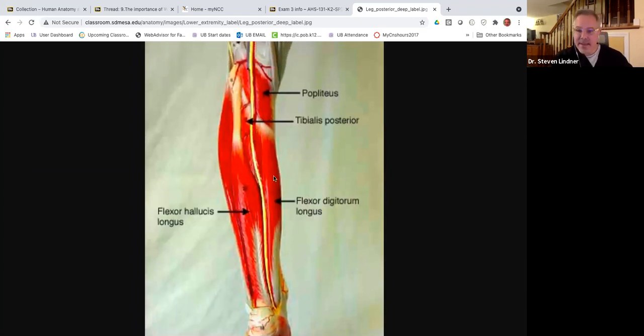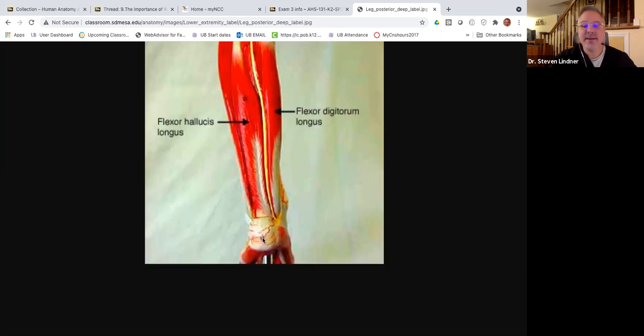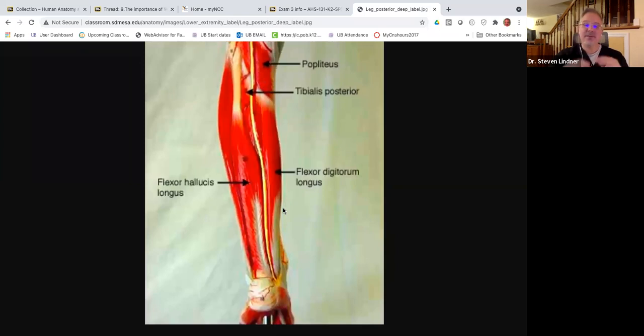In terms of the belly of the muscles, you can see tibialis posterior is here. It's kind of sandwiched between both flexor digitorum and flexor hallucis longus. The belly of the flexor hallucis is lateral, but then it inserts on the great toe, which is medial. Again, it's a similar thing to extensor hallucis longus, the one in the front.